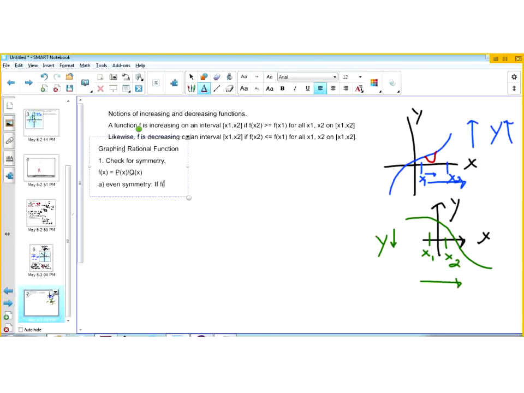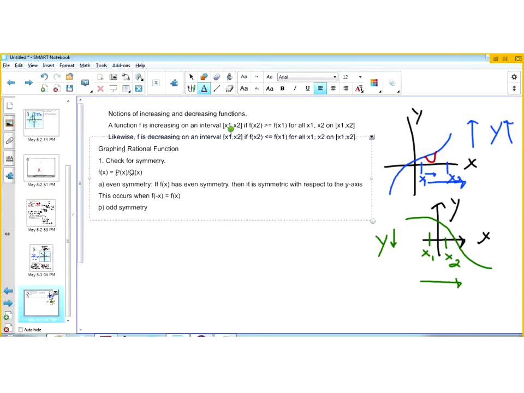Even symmetry means that if f of x has even symmetry, then it is symmetric with respect to the y-axis. And this occurs when f of minus x is equal to f of x. So if a graph has this property, then it has even symmetry. I'll give you an example of this in just a second.